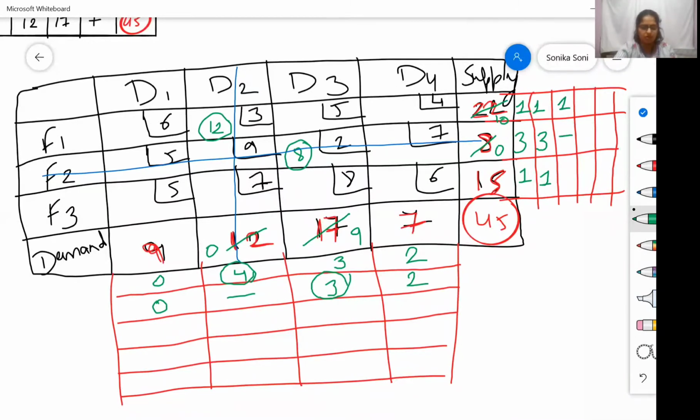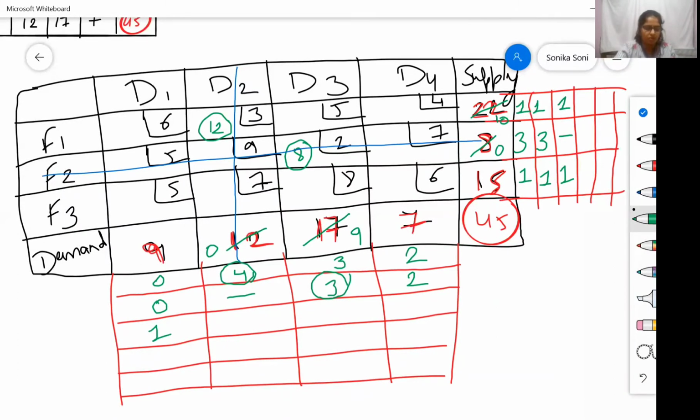For the F3 row, we have 5 as the lowest cost and the second lowest cost is 6, so the difference is 1. In the D1 column, we have 5 as the first lowest cost and 6 as the second lowest cost, so the difference is 1.